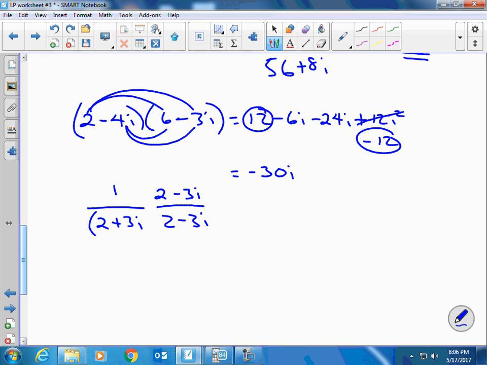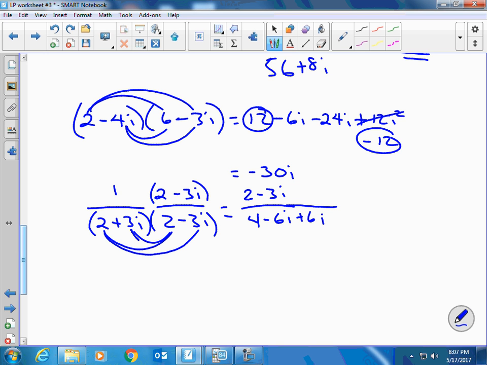Okay, so I'm going to multiply both top and bottom by 2 minus 3i. Well, on top it's easy. It's 2 minus 3i. On bottom, I FOIL. 2 times 2 is 4. Minus 3 times a positive 2 is a negative 6i. Positive 6i minus 9i squared.